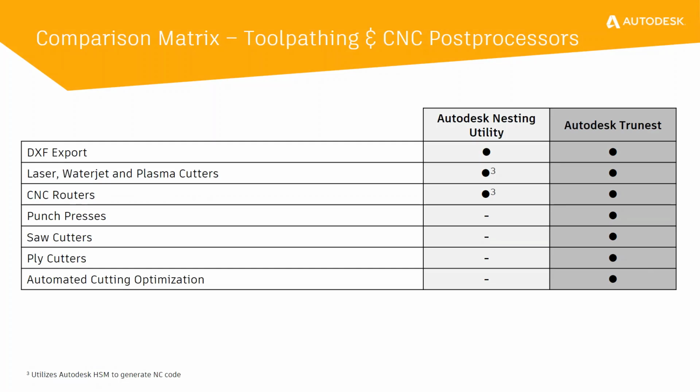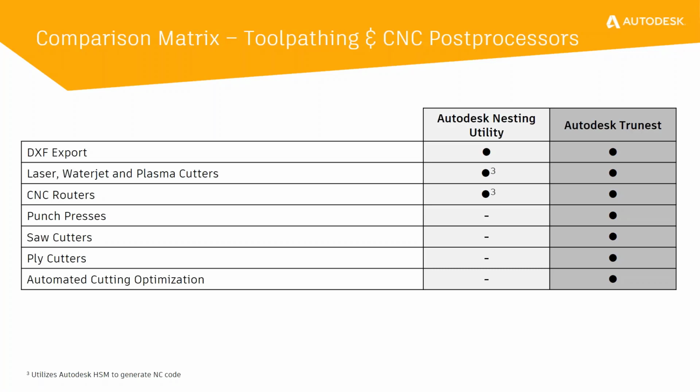Furthermore, if we look at some of the other features and functionality, both give you the ability to do a DXF export out. Both give the ability to post to laser, water jet, and plasma cutters. In the instance of looking at the nesting utility in isolation, this is done through Autodesk HSM, where you generate the NC code using the posting process there.